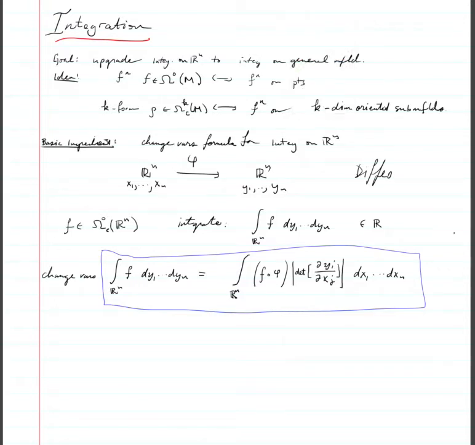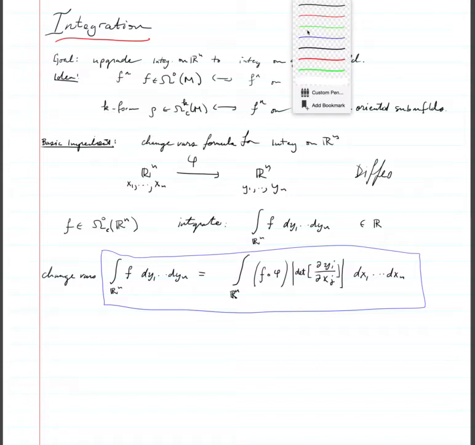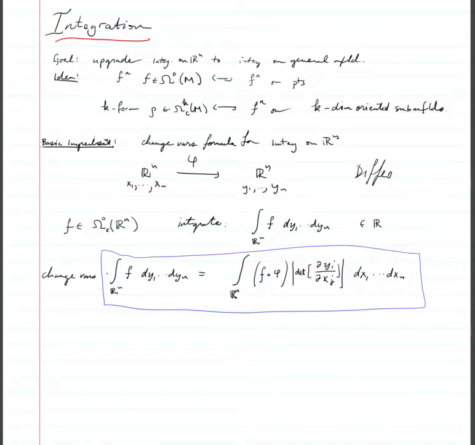So just to emphasize, if I have a function on Rn which is positive everywhere where it's non-zero, let's say it's like a bump function which has positive values inside a compact set. If I integrate that function in one set of variables, I'm going to get a positive real number out of it.